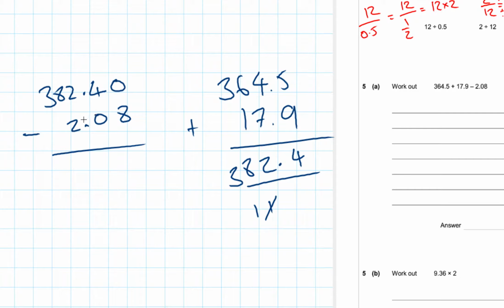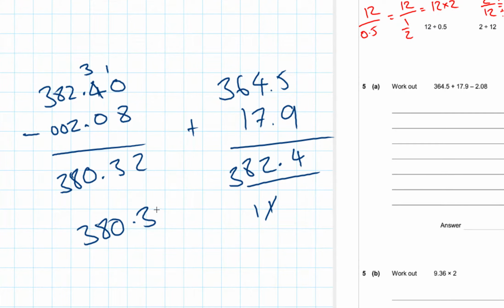When you subtract, you need to start from the right hand side, so we've got 0 minus 8, so we need to steal one here, and then we have 10 minus 8, which is 2. 3 minus 0 is 0. 2 minus 2 is 0. And then here we can add a 0 and a 0. So 8 minus 0 here is 8. And 3 minus 0 is 3. So we end up with our final answer of 380.32.